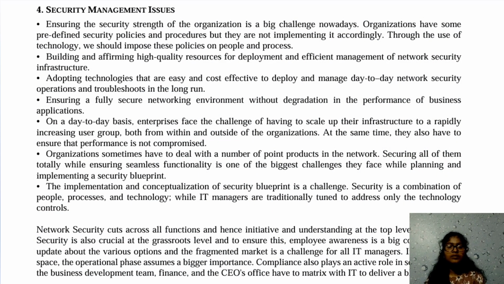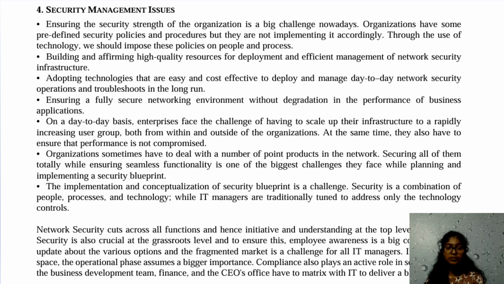Now, coming to the security management issues of computer networks, this paper identifies the following challenges: enforcing security policy, scalability, building and retaining high quality resources, adopting technology, and so on. Explaining enforcing security policies, the organization may struggle to implement the predefined policies effectively.